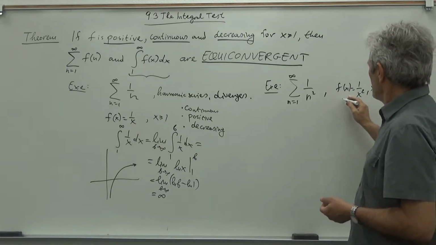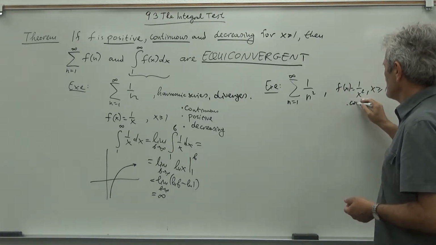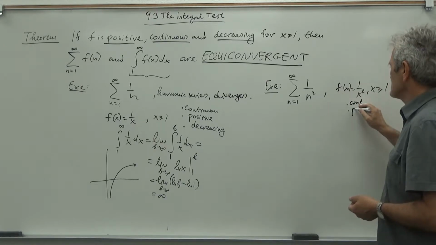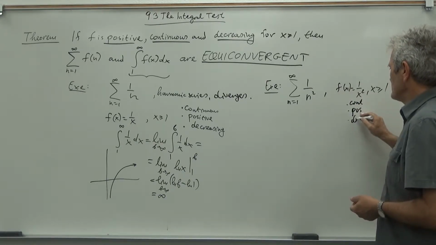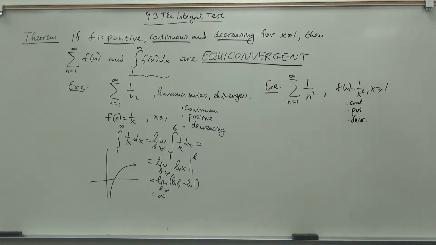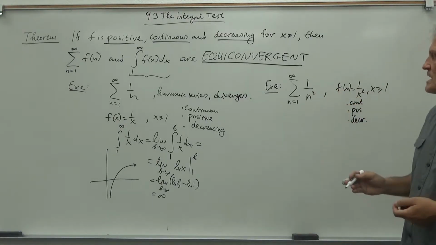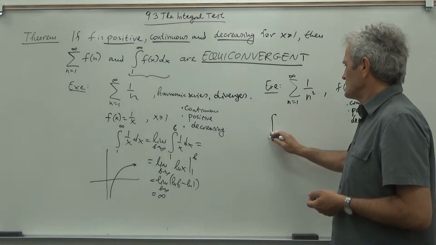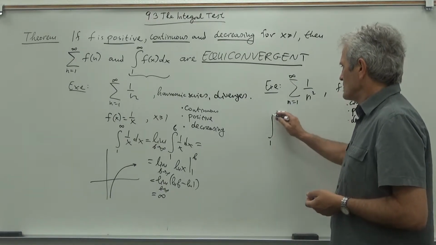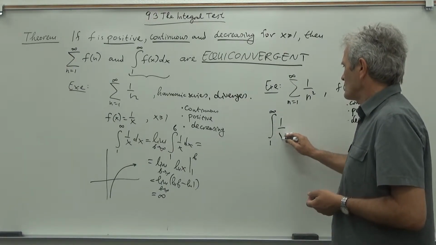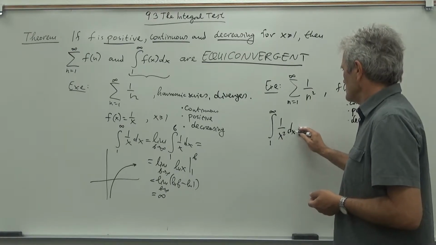And the same way as before, we check easily that it's continuous, positive, decreasing. So conditions are met. So instead of analyzing the series, I can analyze the integral. So the integral between 1 and infinity of 1 over x squared dx.